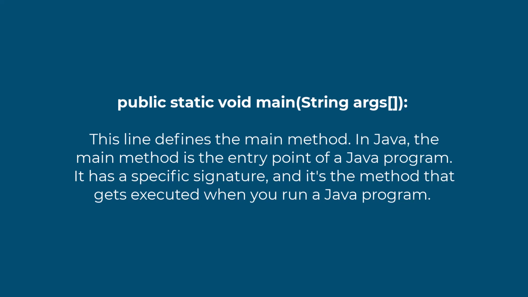So in similar fashion, we can say that the main method is the entry point of a Java program, and it has a specific signature, and it is the method that gets executed when you run a Java program.